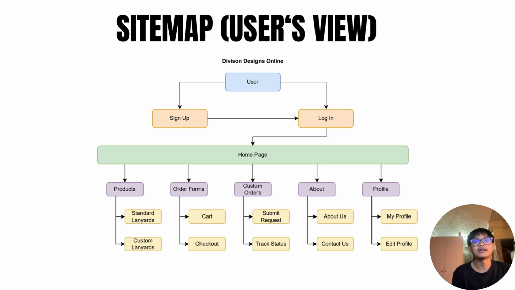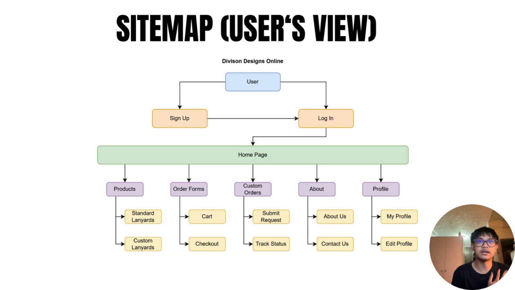includes the cart and checkout pages that allow users to review selected products, while checkout finalizes the purchase. Third is custom orders, where users can submit a custom request and track the status of their request.